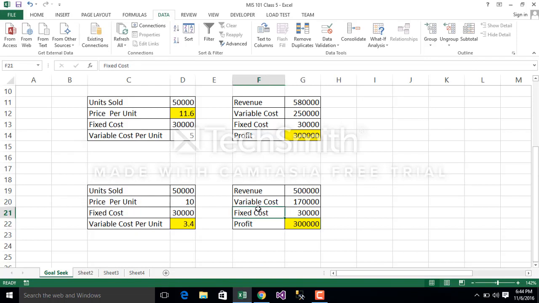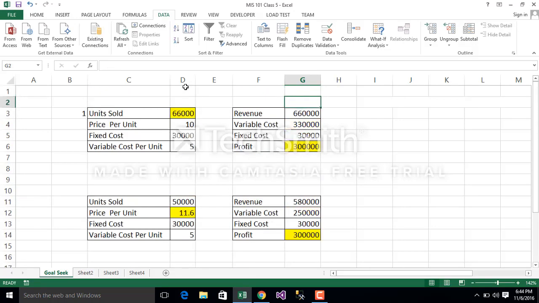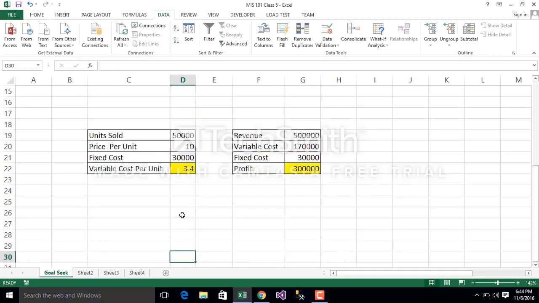Okay, so our goal was to increase our profit to 3 lakhs. And how can we do it? First, by changing units sold, by changing price, and by changing variable cost.